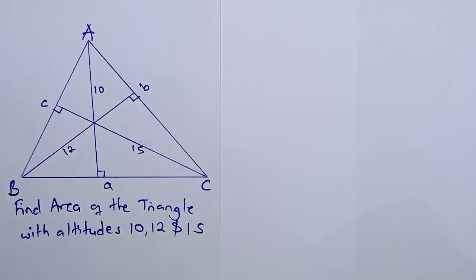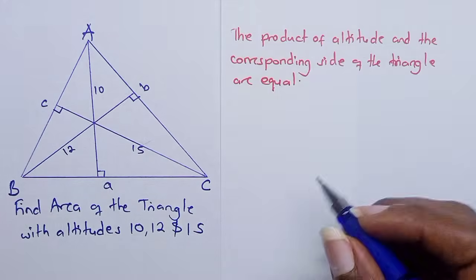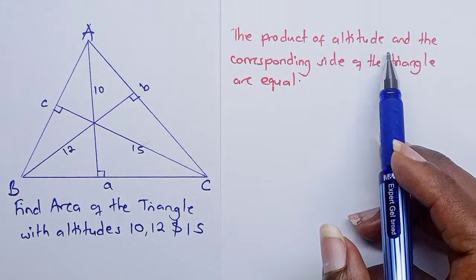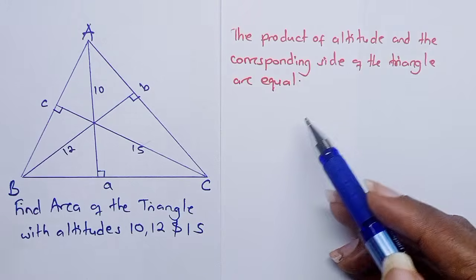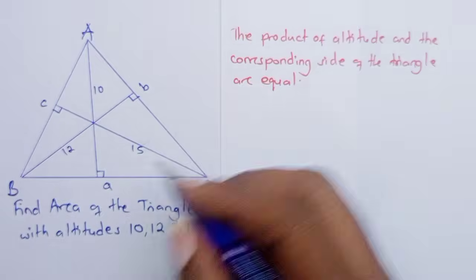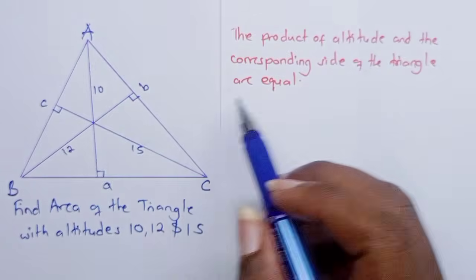Now there is a property which states that the product of altitude and the corresponding side of the triangle are equal. What we mean by that is the product of altitude and the corresponding side.